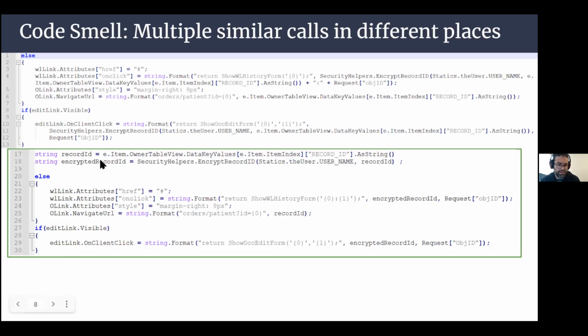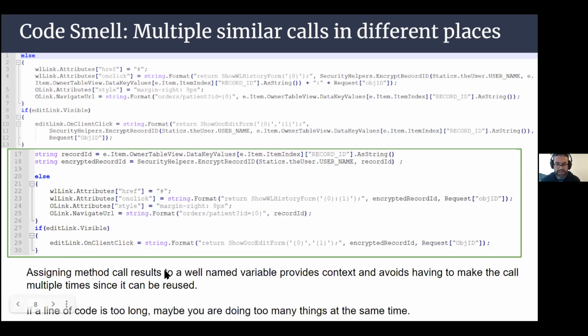So the code below and the code above don't look very similar, and I hope the code below is more readable. Well, I got assigning method calls to return a well-named variable, like record ID, encrypted record ID. It provides context and avoids having to make calls multiple times.